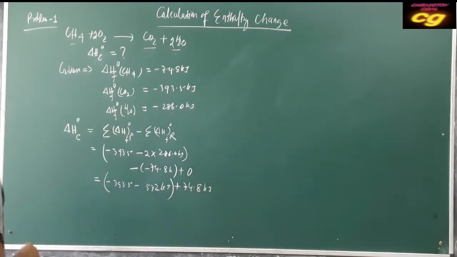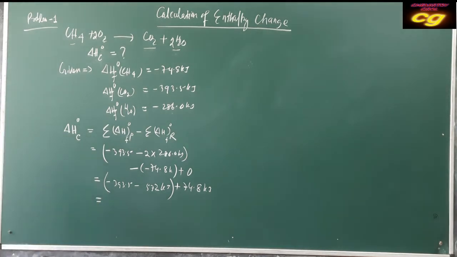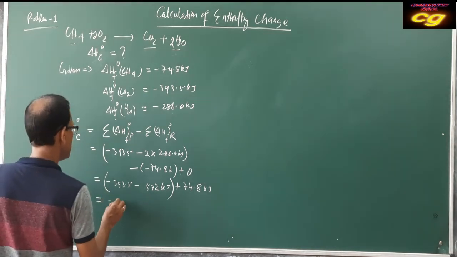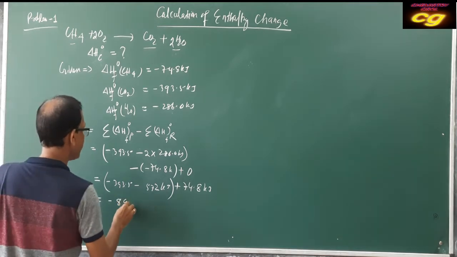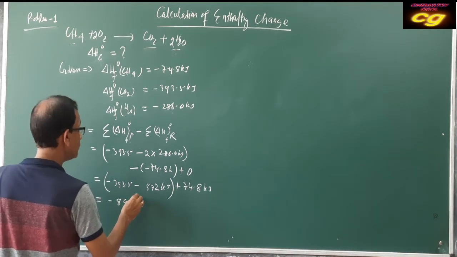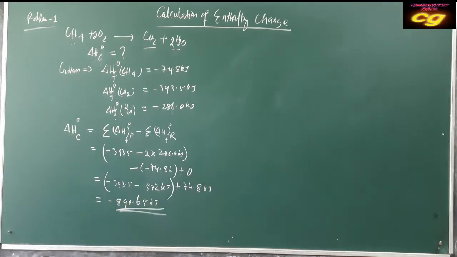So what is the answer coming? The result is minus 890 kilojoule. This is the enthalpy of combustion.